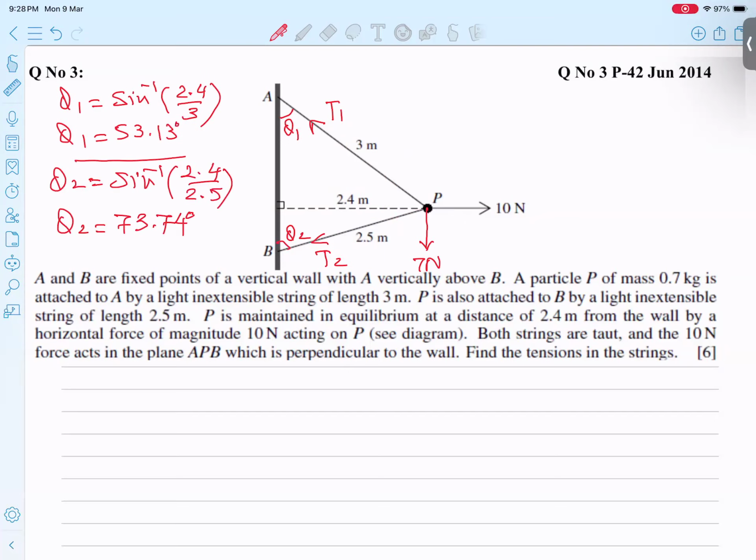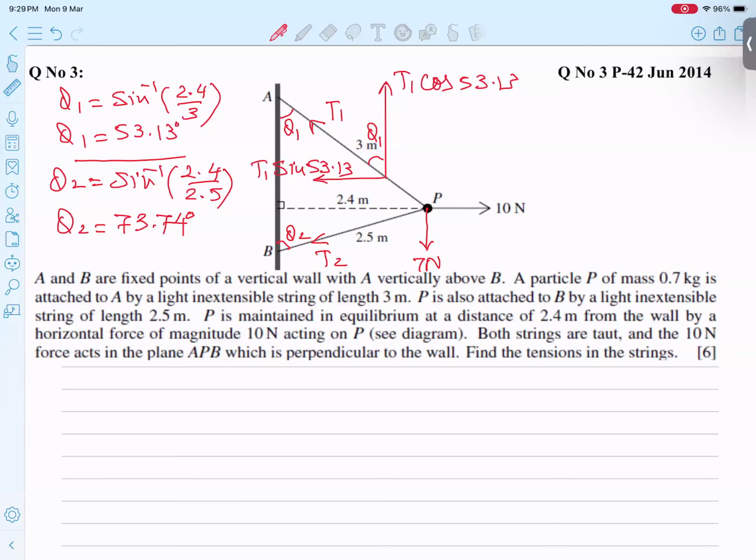Now I'm going to do the force resolution. This force is naturally parallel to the rod. And this is theta 1, you can see, because when two lines are parallel and a line cuts them, these angles are equal to each other. So I can call this one T1 cos 53.1, and this will naturally be T1 sine 53.1.